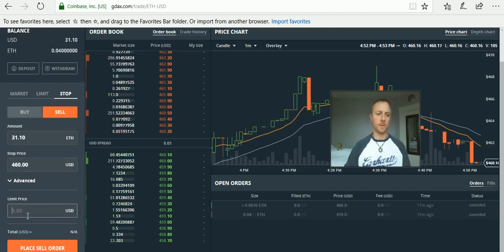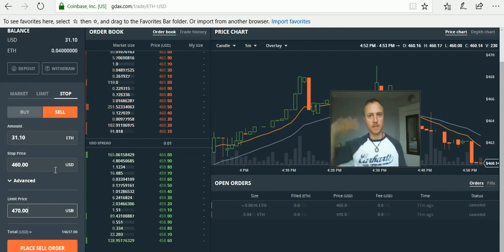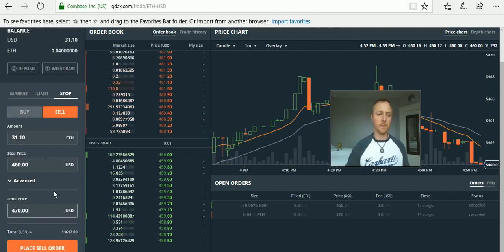If it gets up to a certain price and you're wanting to take profit, let's just keep it at $4.70 just for the heck of it. But you will experience, again, your fees for the stop price here. If it gets down to $4.60 and you sell, you got to pay the fees. But if it gets up to $4.70 and you sell, there's no fees.